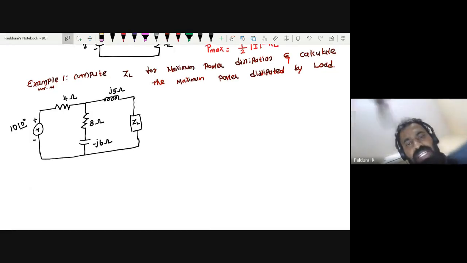You want to calculate ZL and you want to calculate P max. You know the formula for both things. Be ready with your calculator. You are going to play with your calculator. In case of any doubt, I will help.